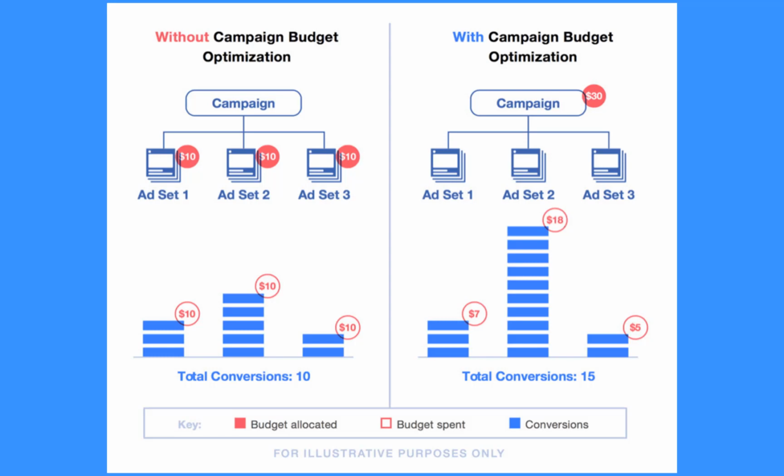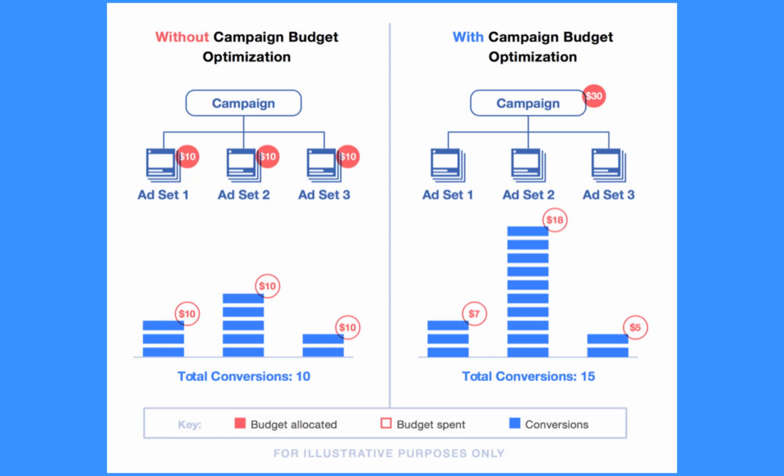So what the algorithm will do is look at your ad sets and look at the best performing ad set. So the Facebook algorithm will now allocate more of your budget to the best performing or best converting ad set. The difference is this: Facebook will use its system, its algorithm, to identify the best converting ad set and allocate more budget to it.